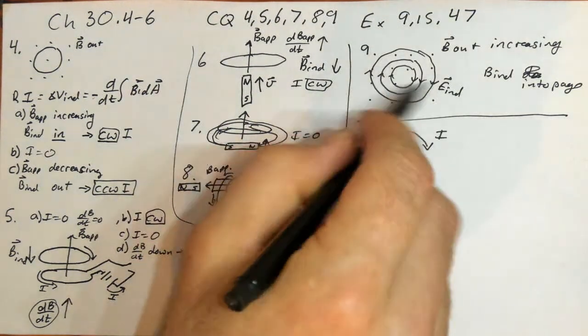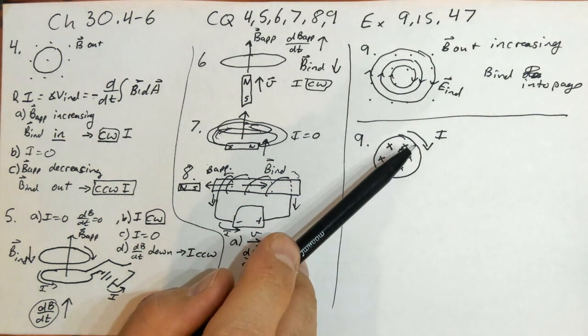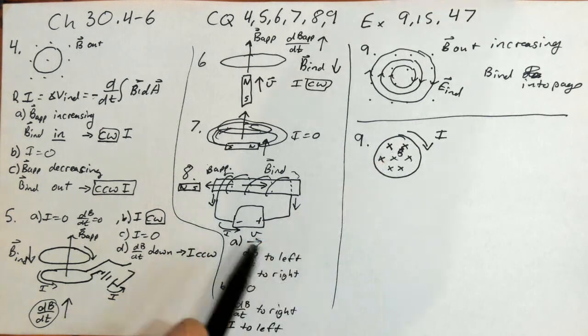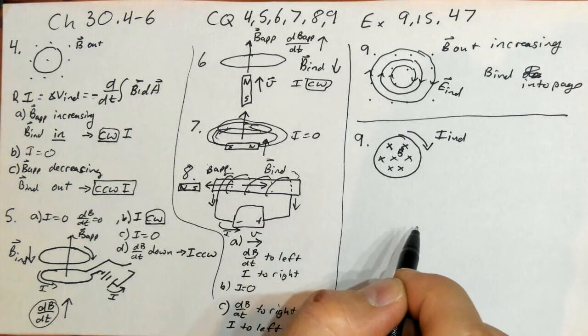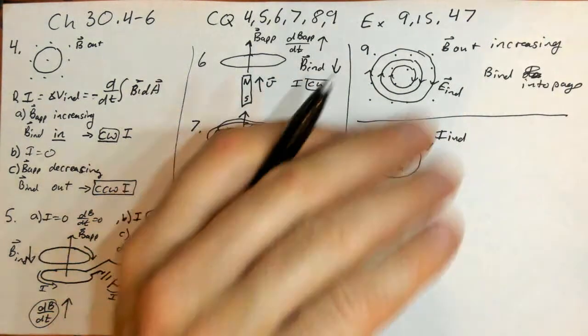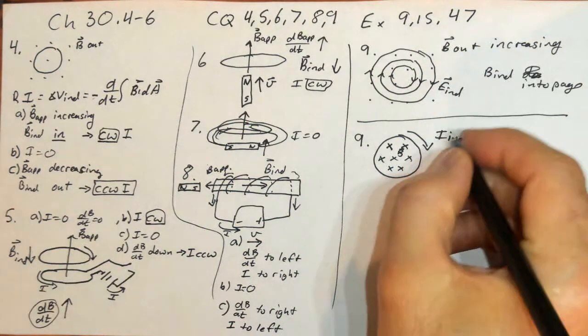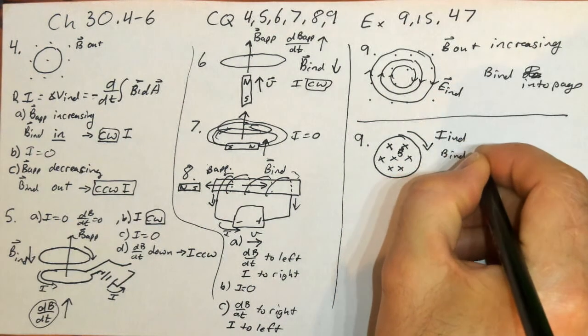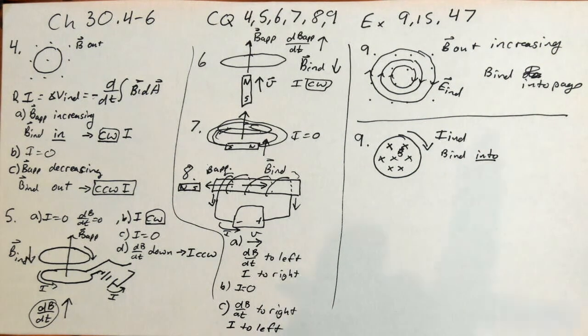So think about what we've done in these previous problems. What is the direction of the induced magnetic field? Well, this is an induced current because it's got no connections to batteries or anything. Which means, by the right-hand rule, it's flowing clockwise, which means its induced field is into the page. So B induced is into the page, which means that must be opposite the direction of the change.